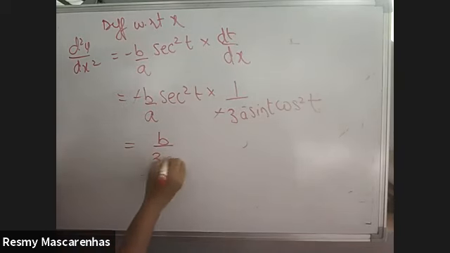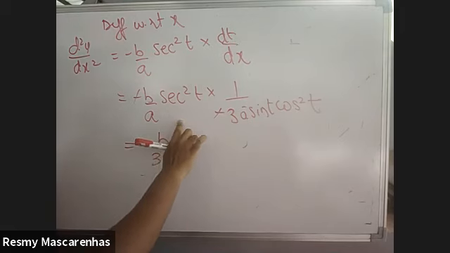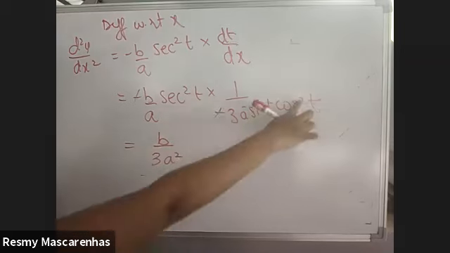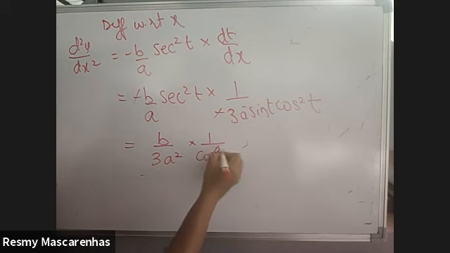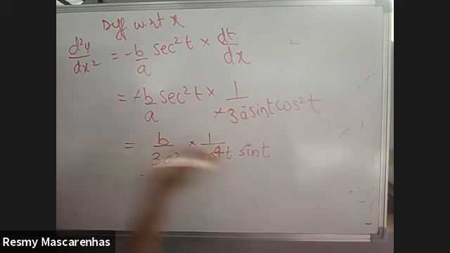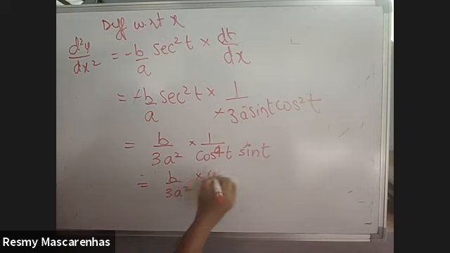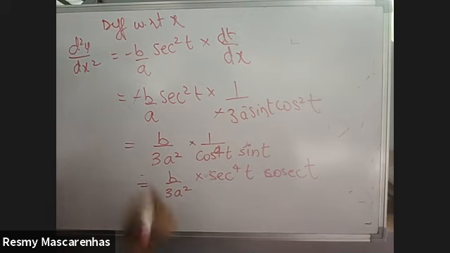So b upon a into a will give you a square. Sec square I'll bring down, so it will become cos square. Already square and square will become 4. Okay. Or if you want, you can write the other way around. If you would write like this, it will become sec 4t into cosec t. This or this. Both the ways answer is correct.